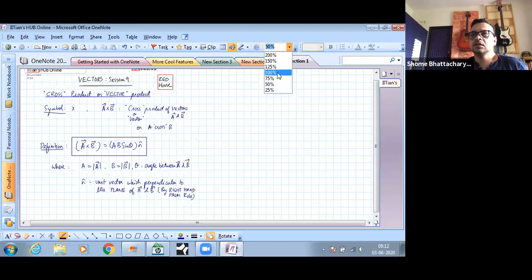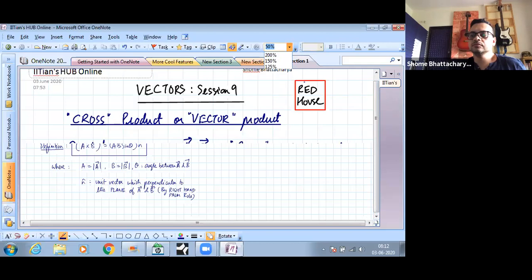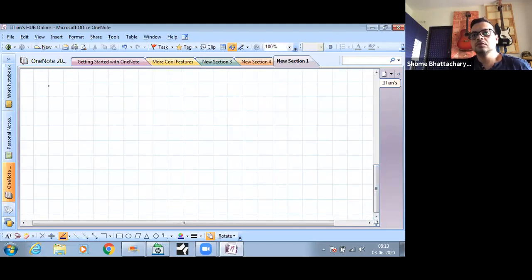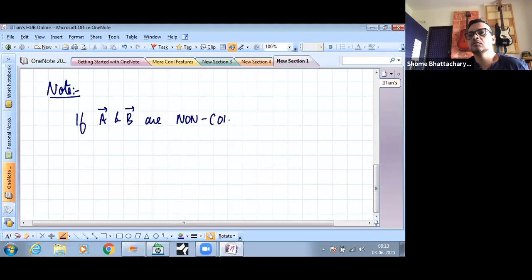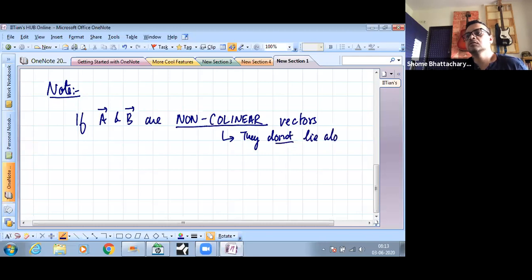Okay, so let us understand this in more detail. If A and B are what we call non-collinear vectors, that is, they do not lie along a straight line, or in other words, theta is not 0 or 180 degrees.